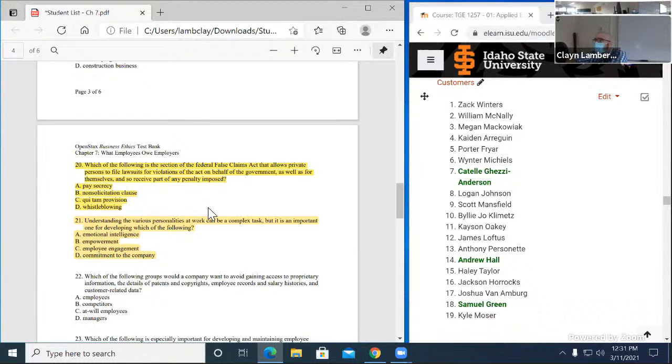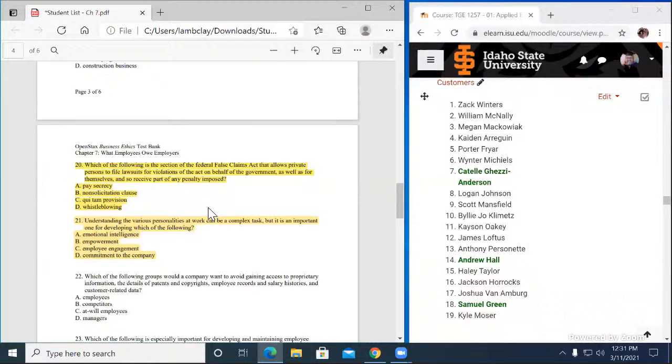Where does this come into play, Zach? It's a powerful way for whistleblowers to help the government stop different kinds of fraud and recover money for the U.S. Treasury, I guess even just the regular taxpayers.